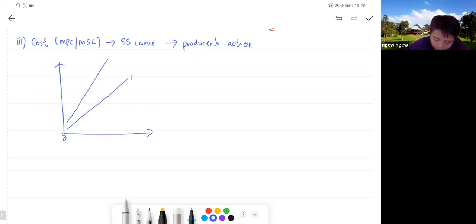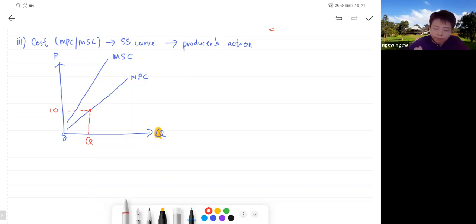Now, based on the diagram, I just want you to know how to recognize this. If I put MPC here and MSC here, you can tell where this action generates external cost. Price, quantity. At this particular output, the cost to the producer is only, let's say, 10 bucks, which includes labor cost, raw material cost, and their desired profit margin.